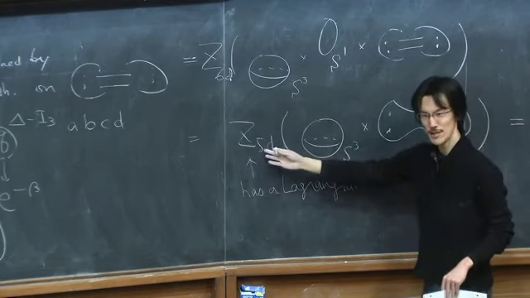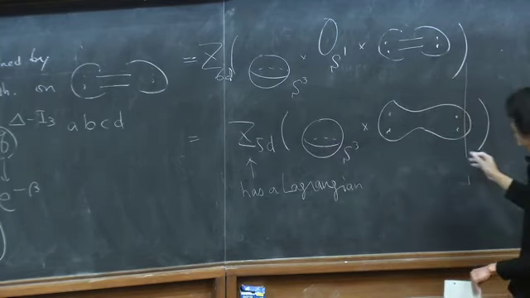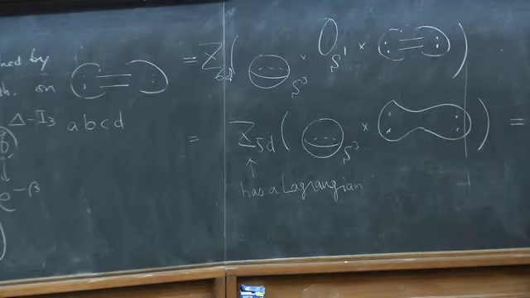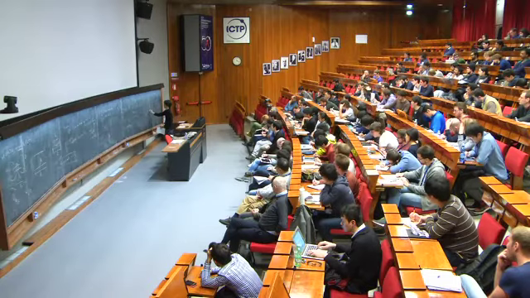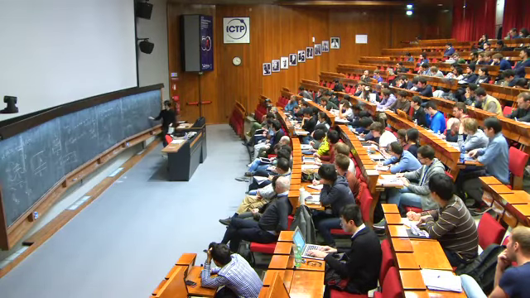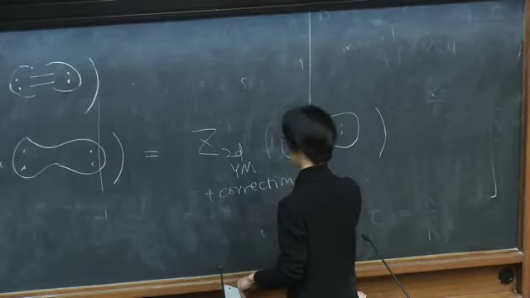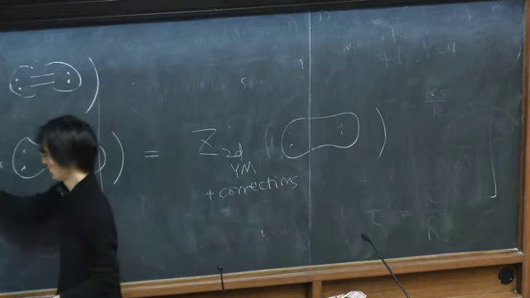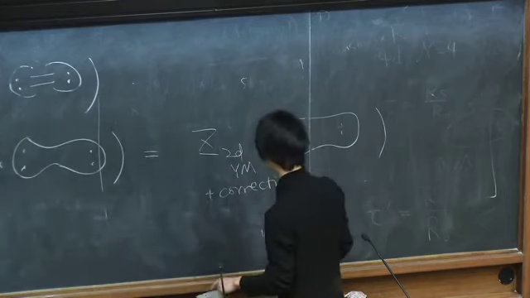This is just 5D super Yang-Mills on S3. So basically, you should get some version of 2D Yang-Mills on this Riemann surface, plus corrections that come from the fact that you have this S3 of finite size.